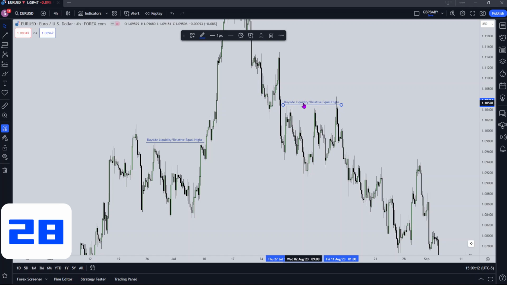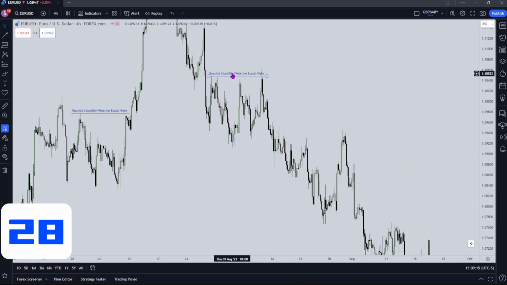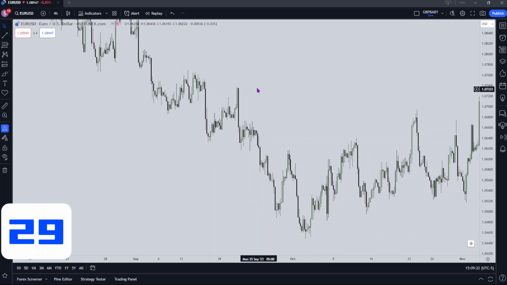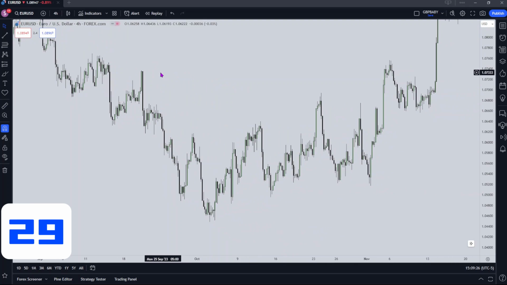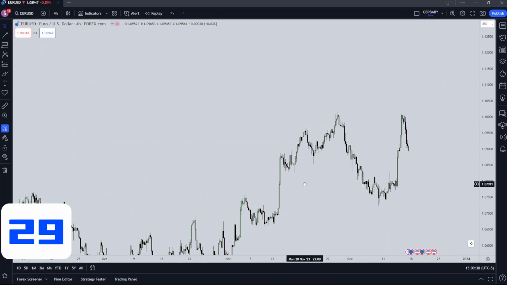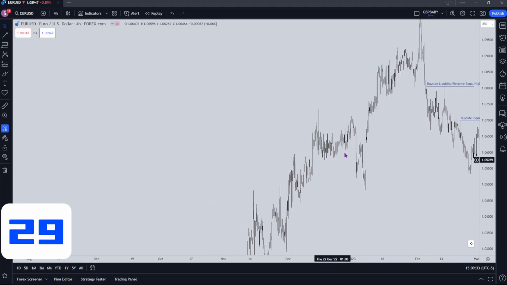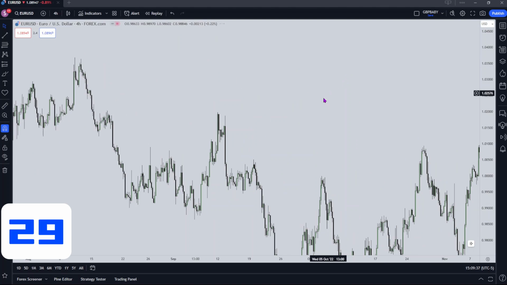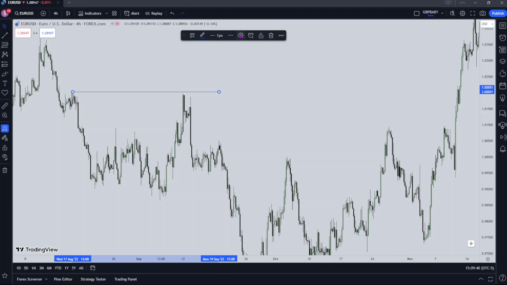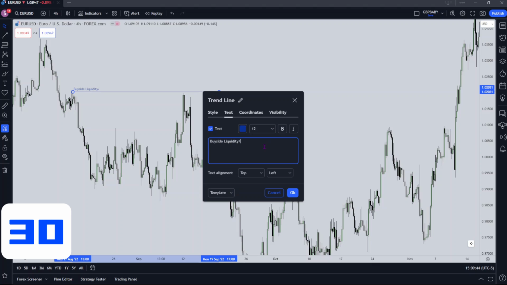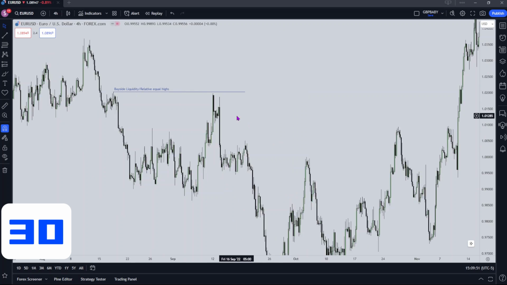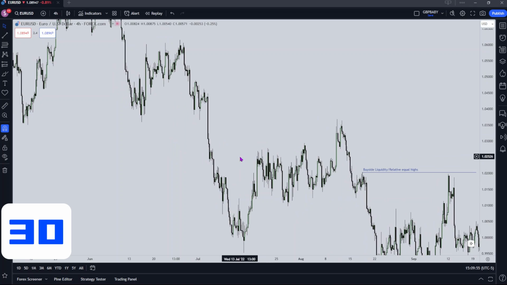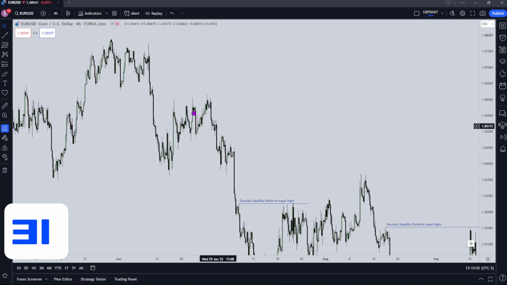Here, relative equal highs again. Here, these, here, here, 1, 2, 3.